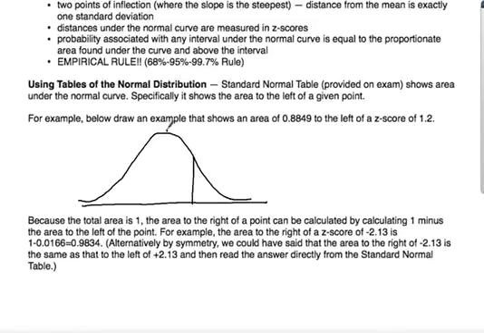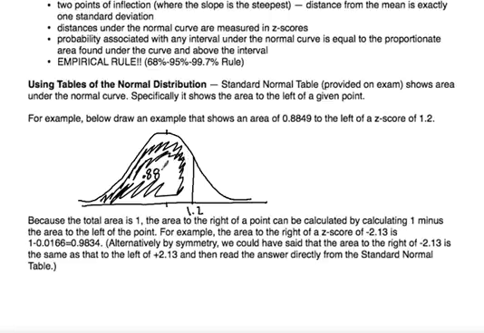So that means that you've traveled, this is the median, you've traveled 1 standard deviation and then a piece. So 1.2. I'm going to get rid of my center line. All right, so the area of 0.8849 to the left would be all of this, and it would be 0.8849.